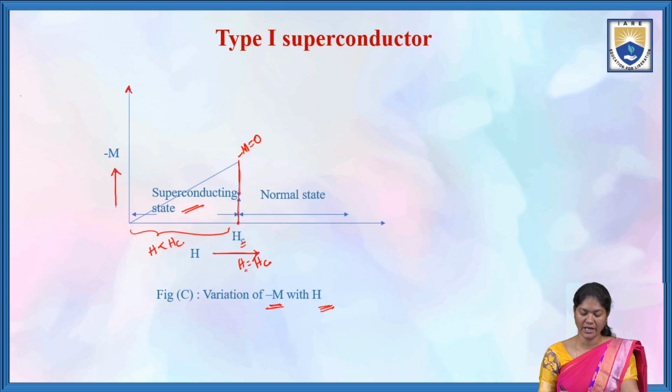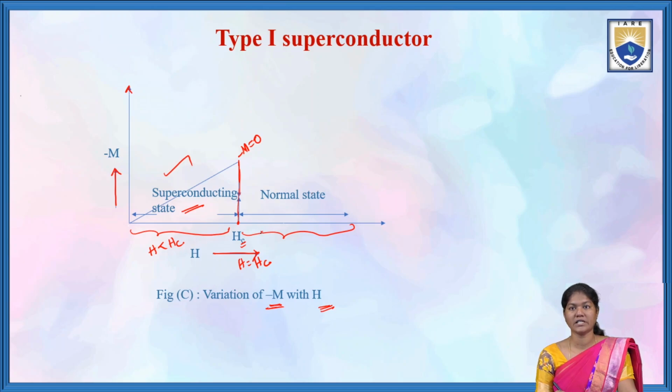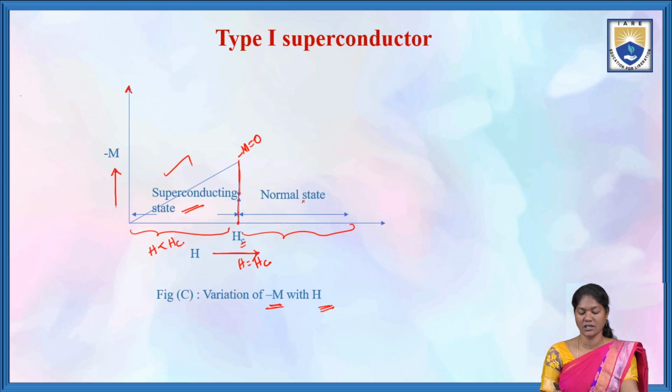So after H is greater than or equal to HC, it acts as a normal conductor. This is the superconducting state where H is less than HC, and where H is greater than or equal to HC, it acts as a normal conducting state, or normal conductor.